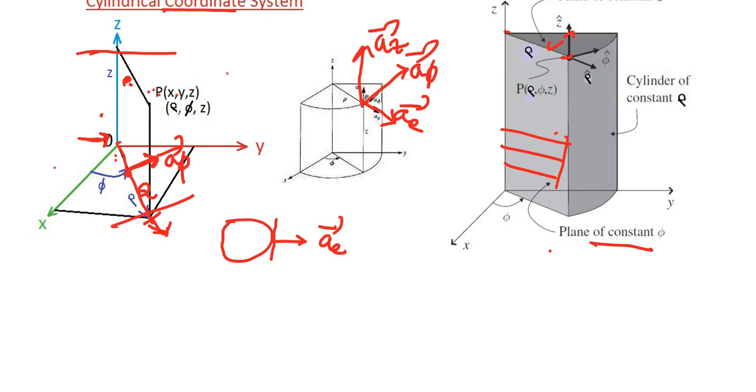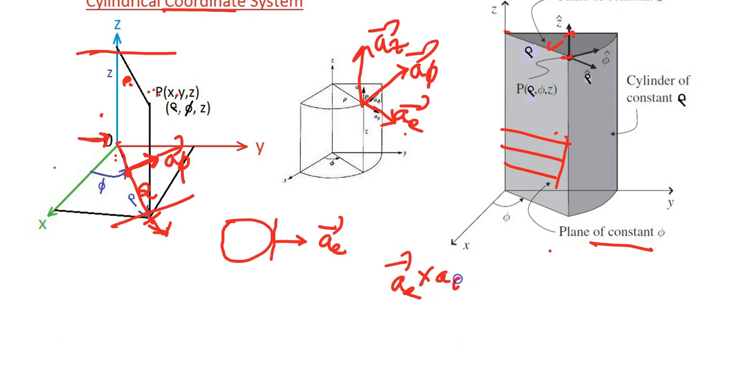Just keep your thumb in the direction of your rho axis arrow, your index finger will be in the direction of phi and your middle finger will be in the direction of z. That's why it is called a right hand system.